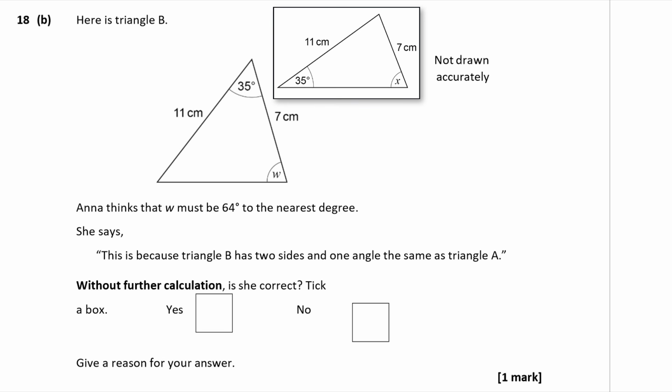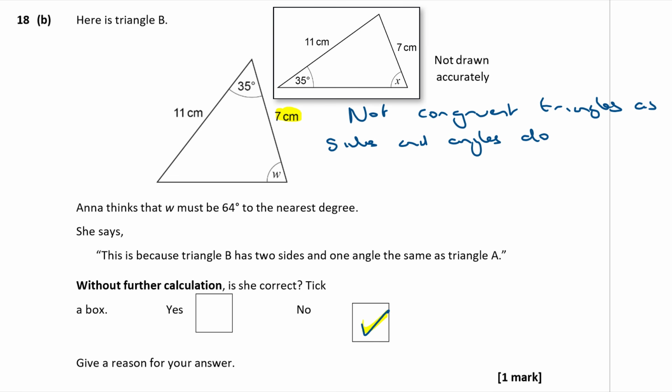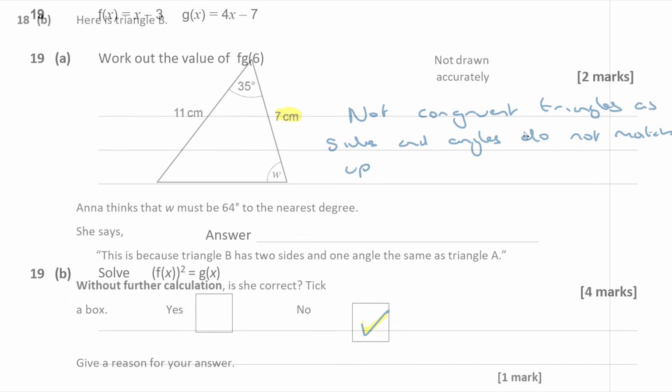Okay, so I'm going to say no. It is not the same. Is she correct? No. Not congruent triangles as sides and angles do not match up.